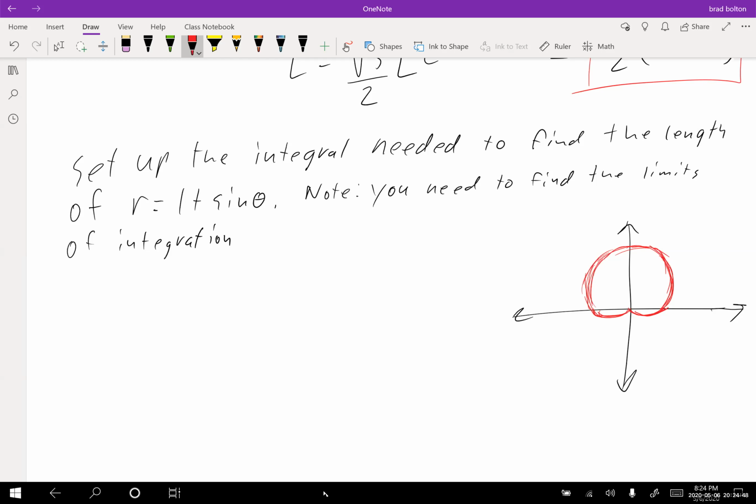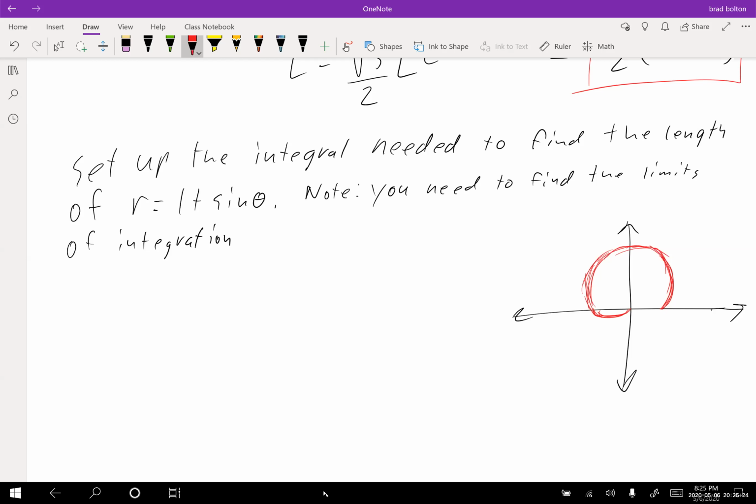So I think we can do from 0 to 2 pi. Let's go to window and see how much of the graph it does. I'm going to change my window and go by pi divided by 2. Just so you know, if I go from 0 to 3 pi over 2, it only gives me that much of the graph right there.